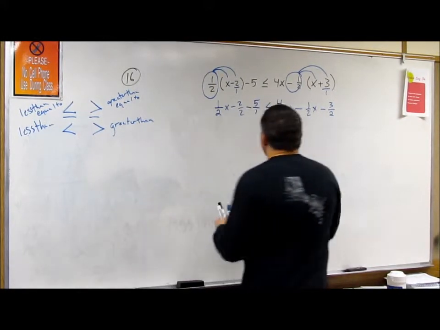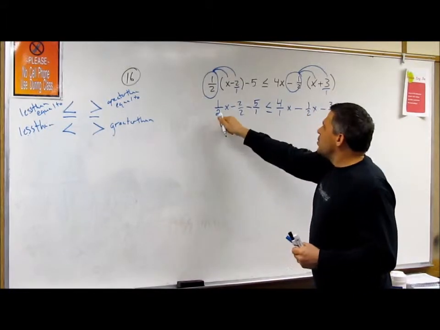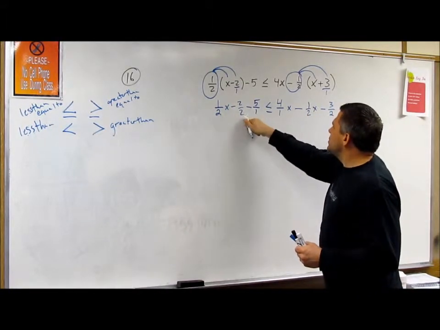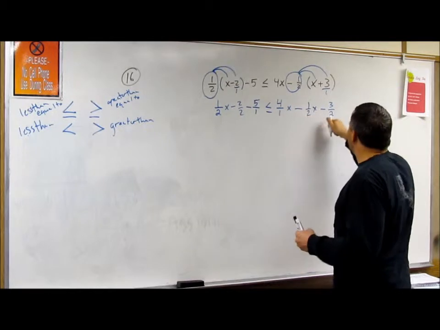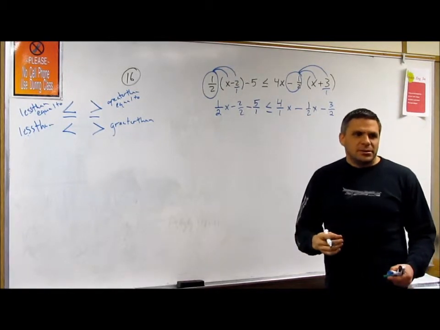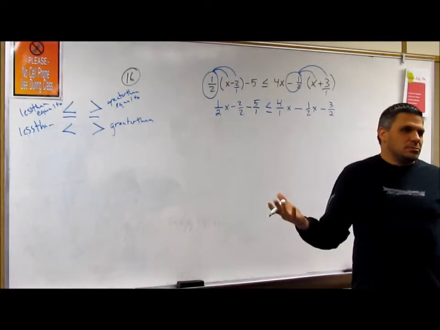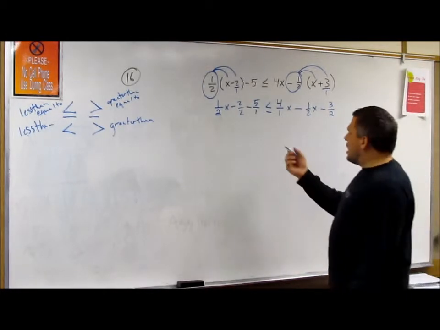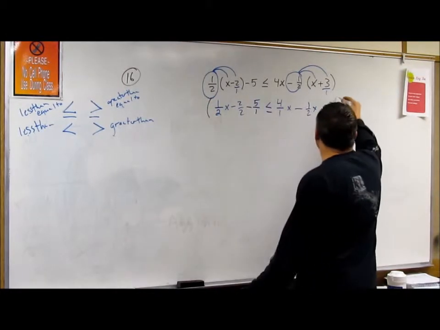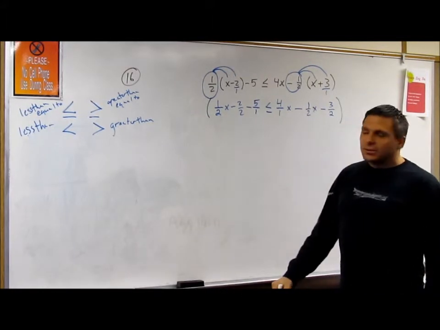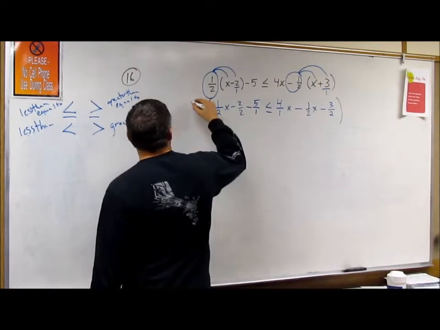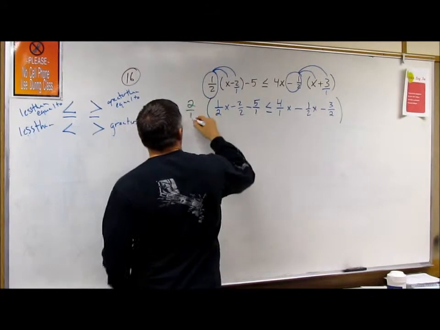So what number do 2, 1, 1, 2, and 2 all go into? What number do 2 and 1 go into? It would be 2. But I want to do it to everybody, so I multiply the whole thing by 2 over 1.